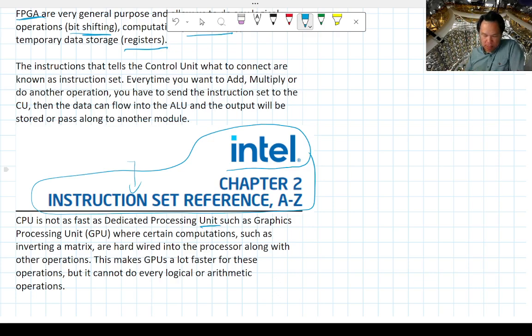Okay, these CPUs are good at doing a lot of different tasks. But there are dedicated processing units, meaning one designed to do a specific task very easily. Remember when I did the example with the adder? I purposely put XOR gates and AND gates next to each other, so that I only needed to make like 4 or 5 connections in order to do a full 1-bit adder.